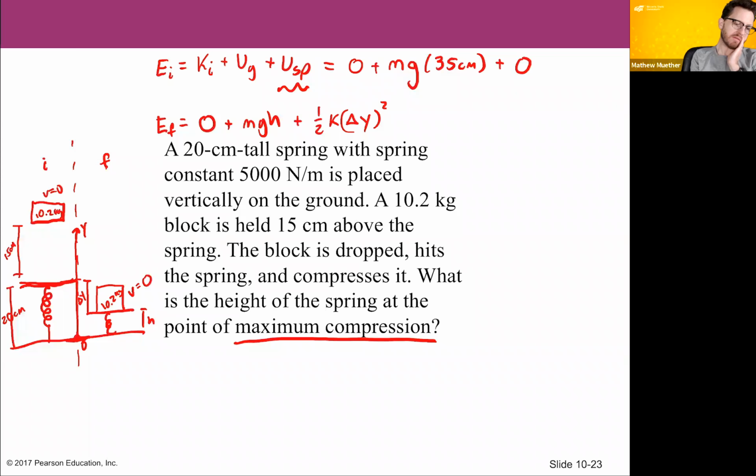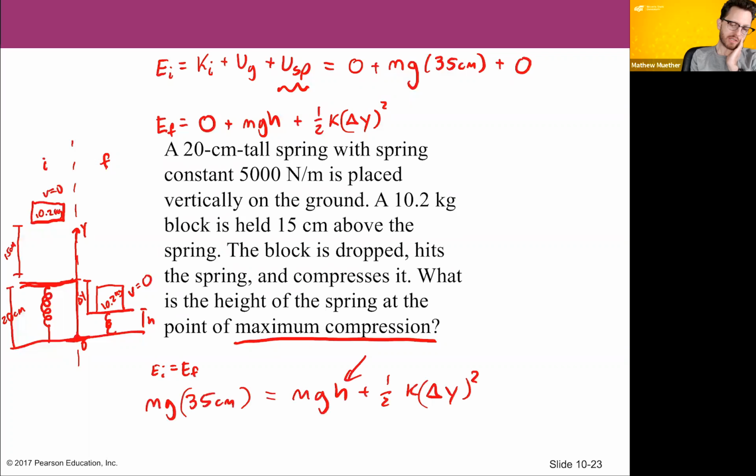And I can write down then that the initial energy and the final energy have to be equal to one another. So I can see that mg times 35 centimeters has got to equal mgh plus 1/2 k delta y squared. Well, now the problem is I don't know what h is and I don't know what delta y is.